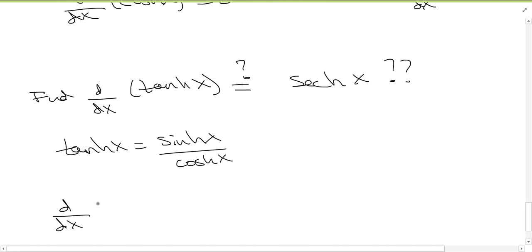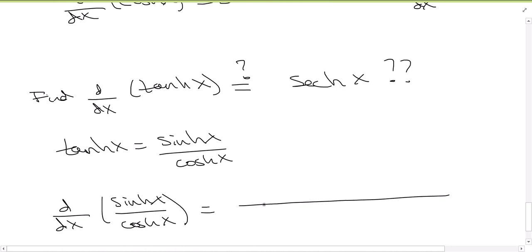So then the derivative of sinh x over cosh x, we're going to use the quotient rule. So it's going to be the bottom, so low, so cosh x times the derivative of the top. So the derivative of sinh is cosh, minus the top, which is sinh x, times the derivative of the bottom.